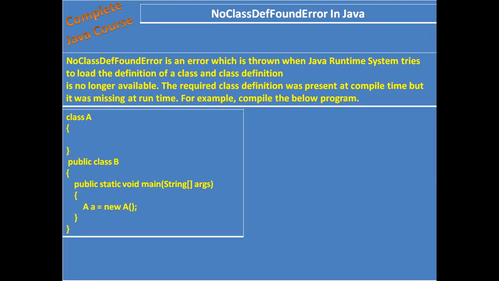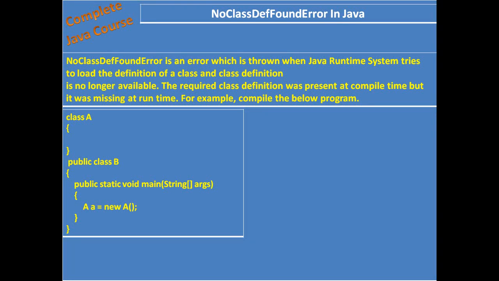NoClassDefFoundError will occur because you have compiled it, so it is available at compile time, but after the compilation, because of some reason, it has been deleted. Now you are trying to run that class file, so it will throw NoClassDefFoundError.